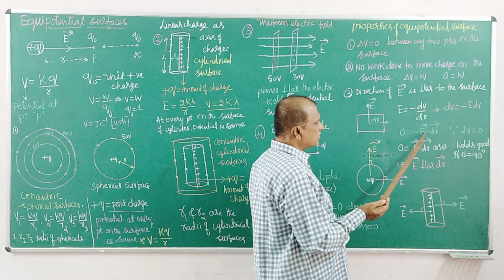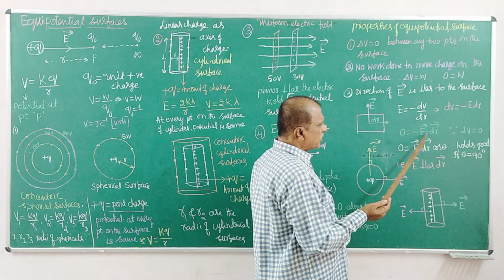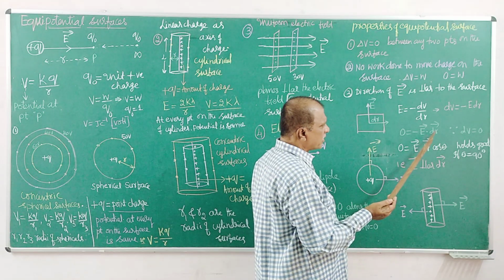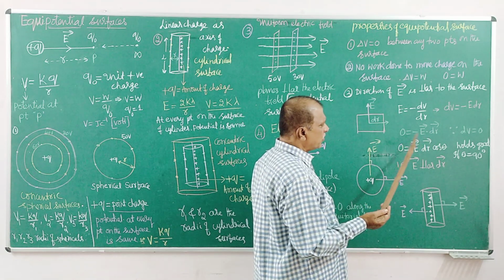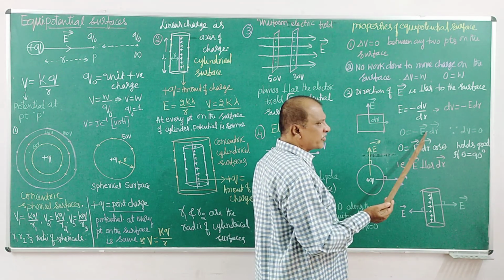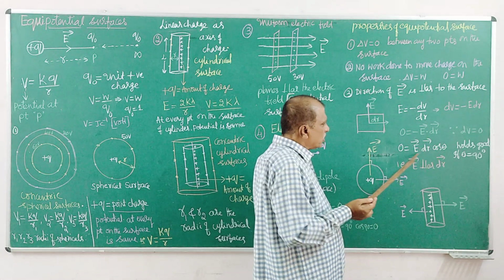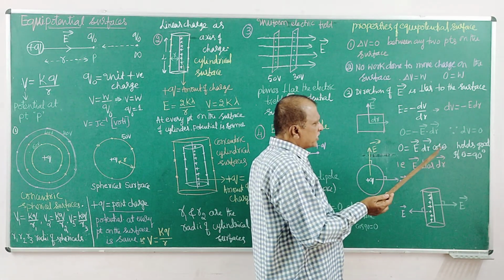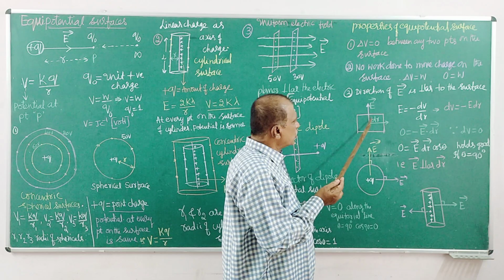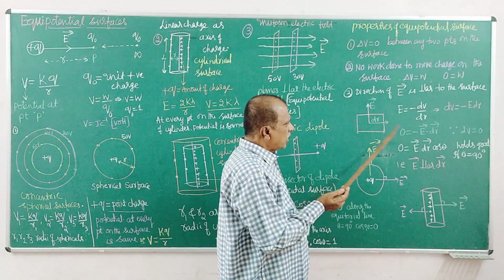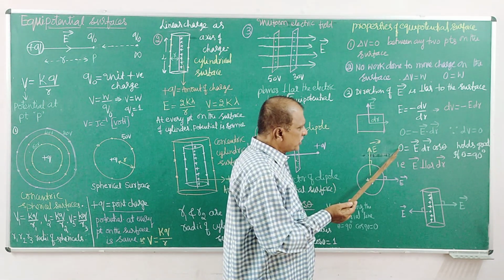These two are vectors, this is scalar. Therefore, it is a dot product. The definition of the dot product is this, with cos theta. What is theta? The angle between these two directions.